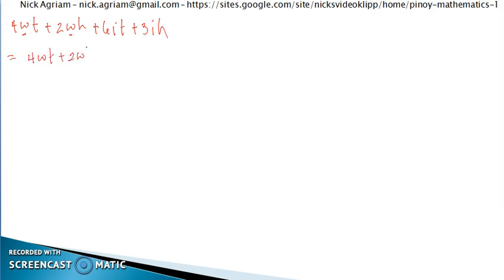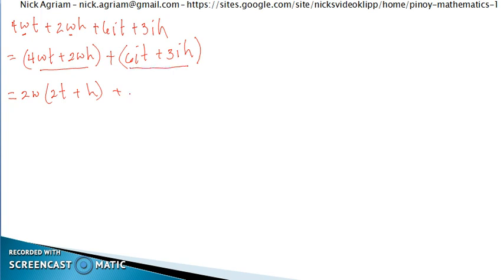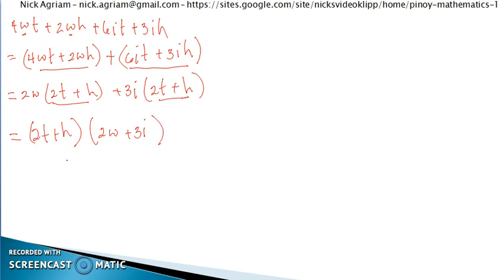Common factor between these first two terms is 2W, and then we have 2T plus H. Common factor between the other two terms is 3I, and then I have 2T plus H. The common factor between the two terms now is 2T plus H, multiplied by 2W plus 3I. Then you're finished.